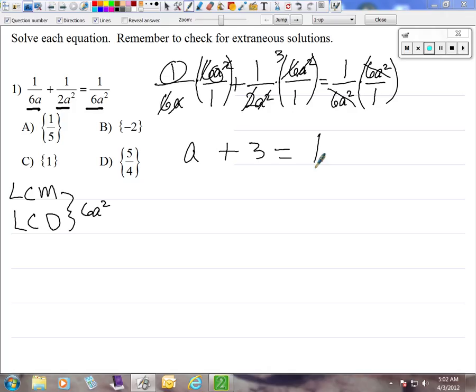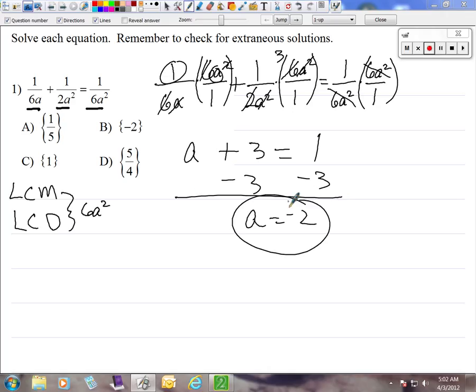Now we have a simple algebra equation, which means we'll subtract 3 from both sides and come up with our answer. Now one thing we have to start doing on this is checking for what's called extraneous solutions.